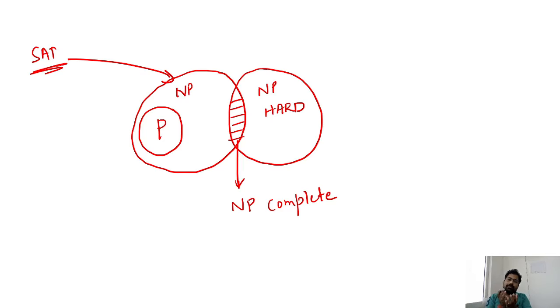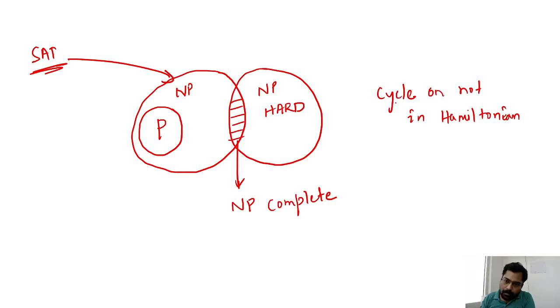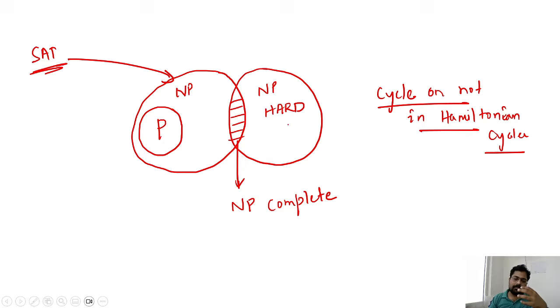Suppose you are finding whether there is a cycle or not in a Hamiltonian graph or circuit.